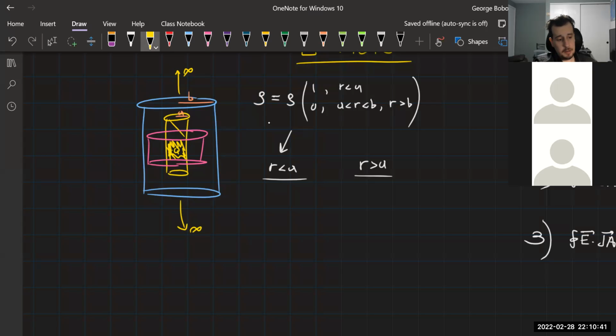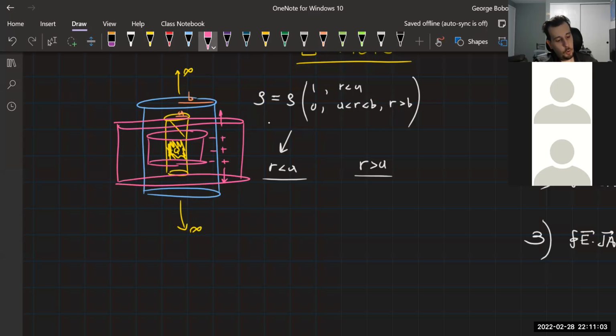On the outskirts, because this is a conductor, the charge has aligned itself like this all over. When we make the cylinder go out like this to investigate the outside, I want you to see that overall, these enclosed charges cancel.